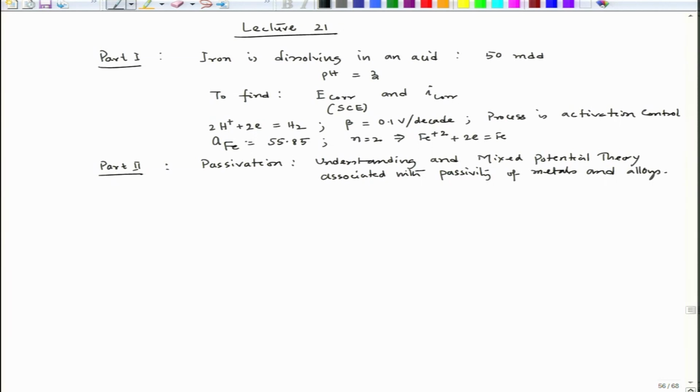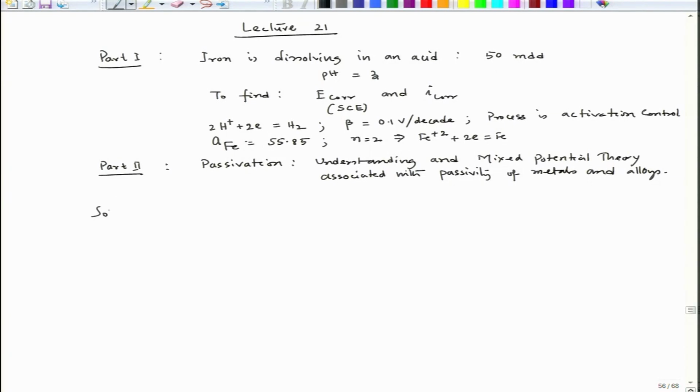So, these are the two parts we will try to do today. In fact, once we solve this first problem, and the second half of the topic, we will just introduce passivity, and then in subsequent lectures we will keep continuing our discussion on passivation. So, let us try to solve the problem.